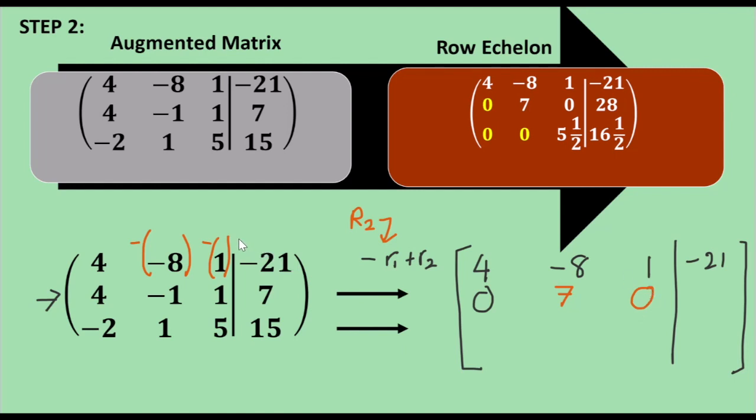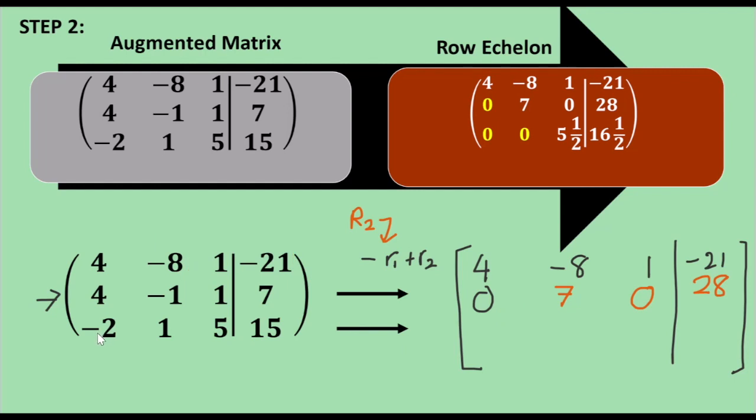And again here, negative of negative 21, which is positive 21, plus 7 gives us 28. And that would be the row reduction for the second row.